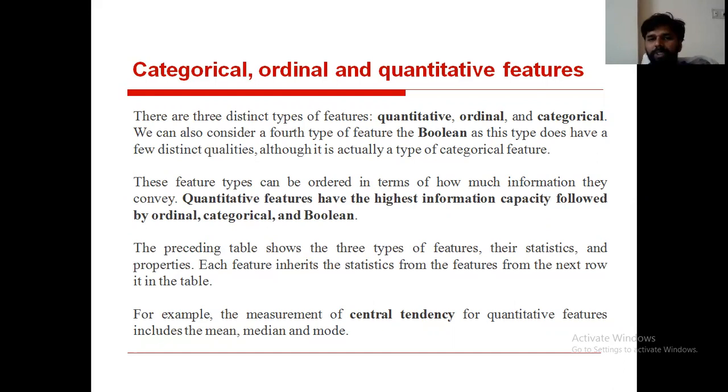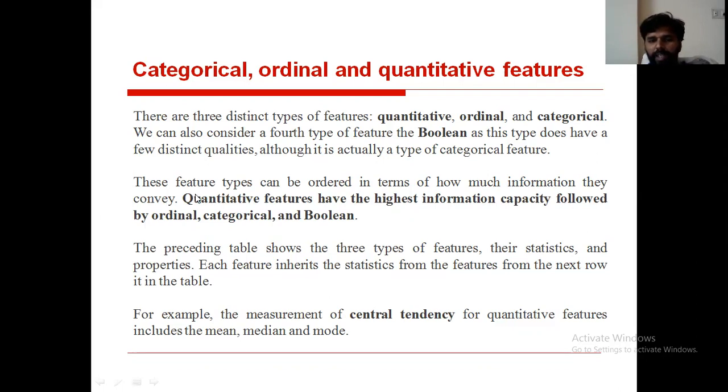The quantitative feature has the highest information capacity, followed by ordinal, categorical, and Boolean. See, Boolean has only 2 values. One is true and another one is false. Similarly, ordinal and categorical have very few values, very little information. They maintain very little information when compared to the quantitative features.